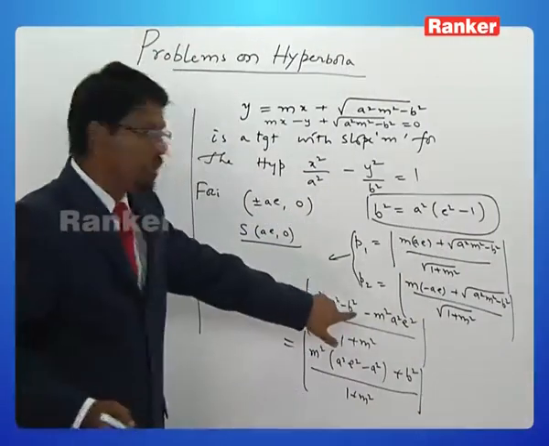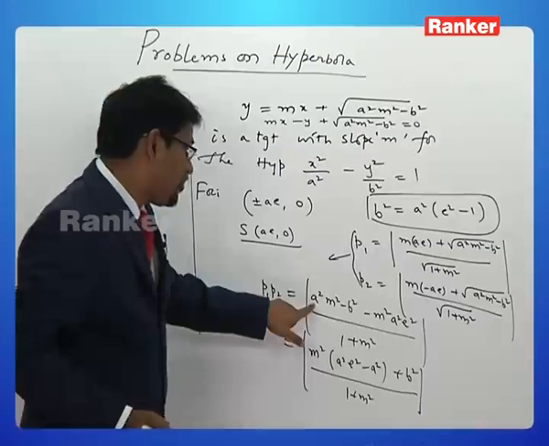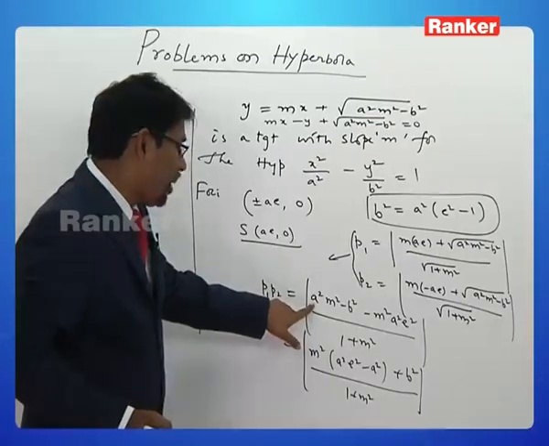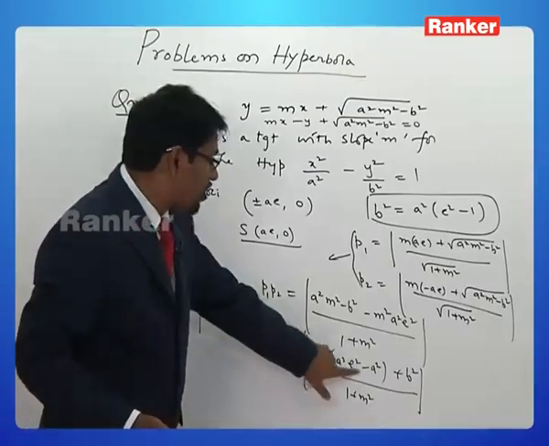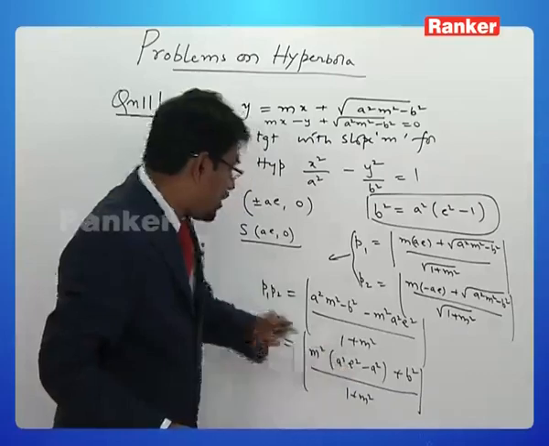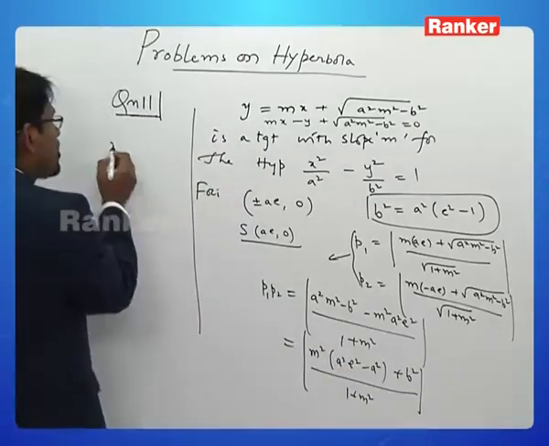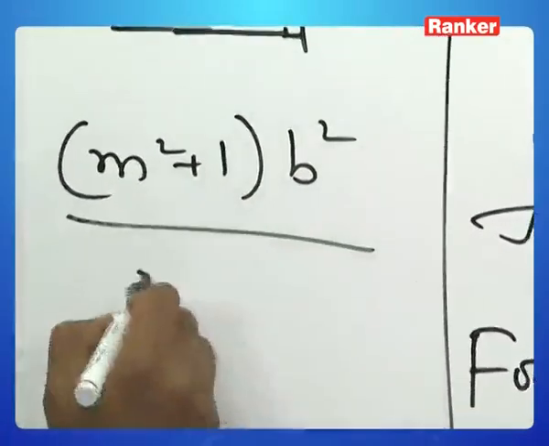I took a minus 1 common, and this plus term has become minus, and this minus term has become plus. So, what do you have now? What is a square e square minus a square? That is b square. So, we can write this in the form of (m square plus 1) into b square divided by m square plus 1.